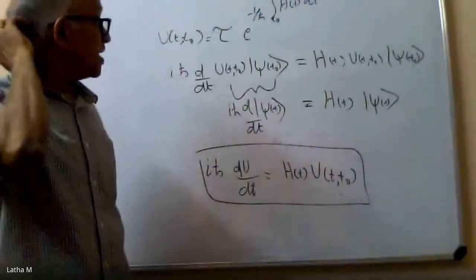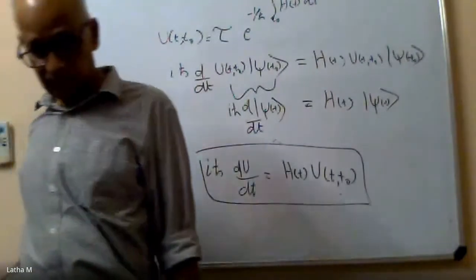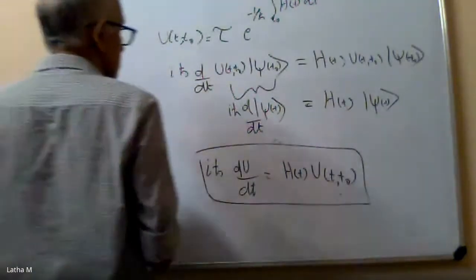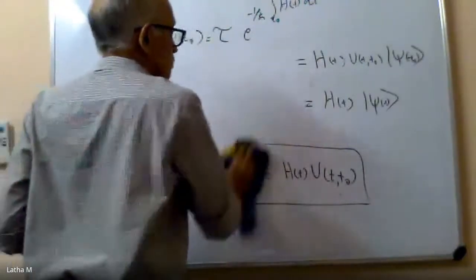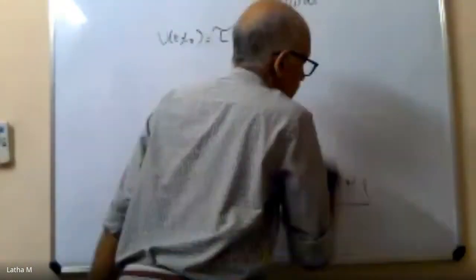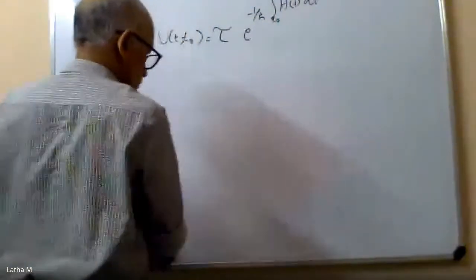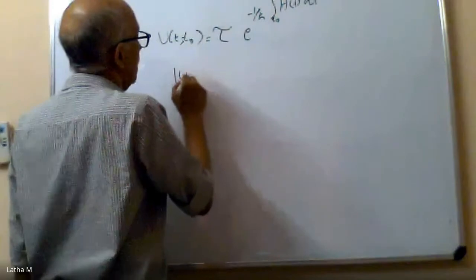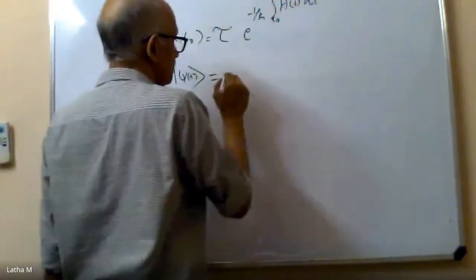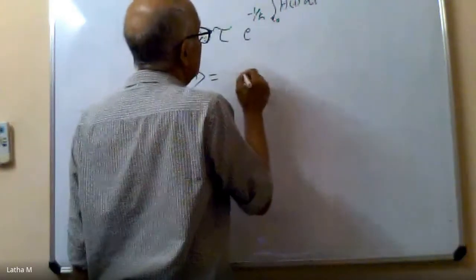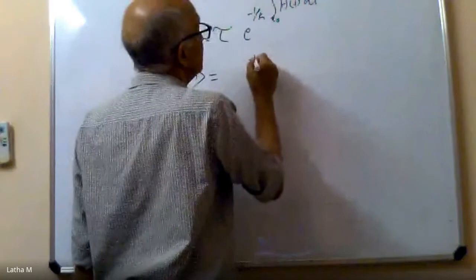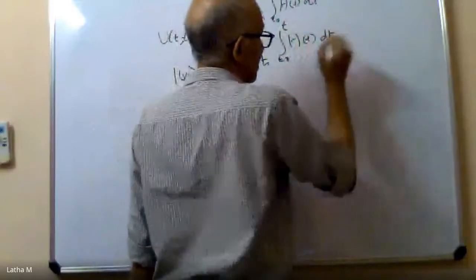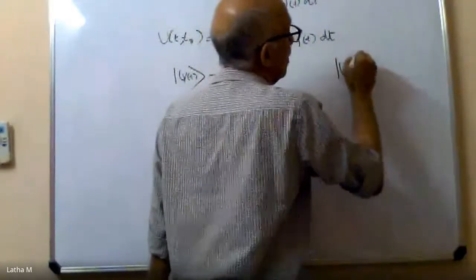And then, if this is the value of U, we can write psi t equal to, and I am writing T, the time ordering operator, then exponential minus i by h cut integral from t0 to t of H(t') dt' acting on psi t0.